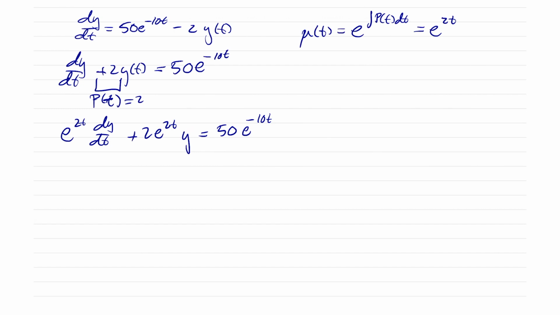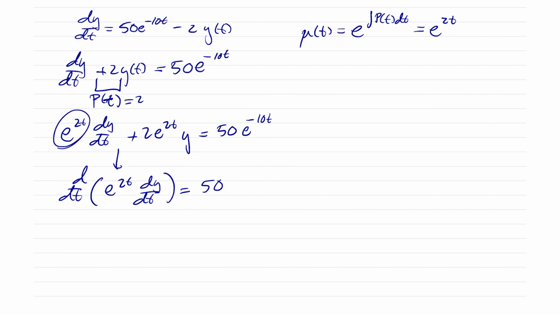Okay, now if I look closely, if this was mu, well, that is definitely the derivative of mu, and we get that by chain rule. So we recognize product rule, and so we have e to the 2t times dy by dt is equal to 50. Oops, I forgot to multiply it on the other side.